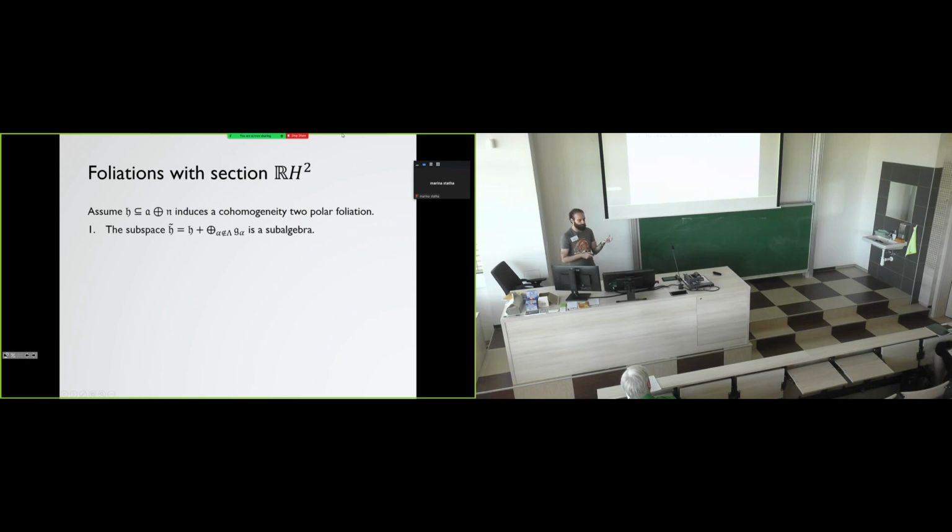This first case of being A plus N can be discarded quite quickly, and to discard the case of codimension 1, we resort to Berndt and Tamaru's article on codimension 1 foliations, where they, in particular, give the structure of codimension 1 subalgebras of AN. We use this paper, and we deduce that, in reality, this subalgebra must be exactly H, so in particular, all of these root spaces are already in our subalgebra.